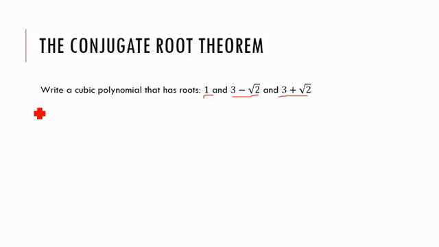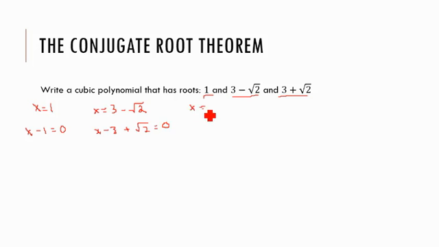So if I go ahead and do this, write a cubic polynomial that has these 3 roots. I'm going to start off here with x equals 1. I know that's a root, so a factor, if I solve for 0, has to be x minus 1. So there's one factor. Now x also equals 3 minus the square root of 2. Now if I solve for 0, I'm going to have x minus 3 plus the square root of 2 equals 0, so that's another factor.